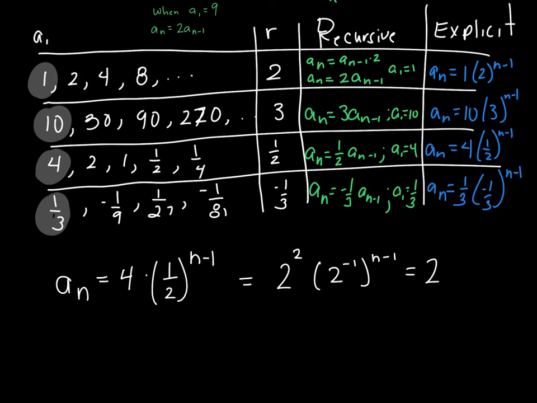So that is 2 to the 2 times 2 to the negative n plus 1. And the rule for exponents is when you are multiplying, bases are the same, you add those together. So then this is actually going to equal 2 to the negative n plus 3 power.